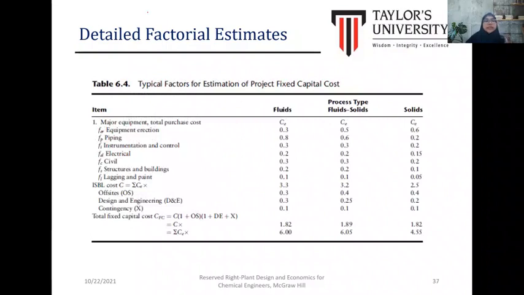Thus, for the detailed factorial cost, we consider the other factors to be included in determining the cost of the major equipment, such as equipment erection, piping, instrumentation, electrical. Each processing plant, such as a plant based on fluid, fluid-solid or solid, has its own factor.